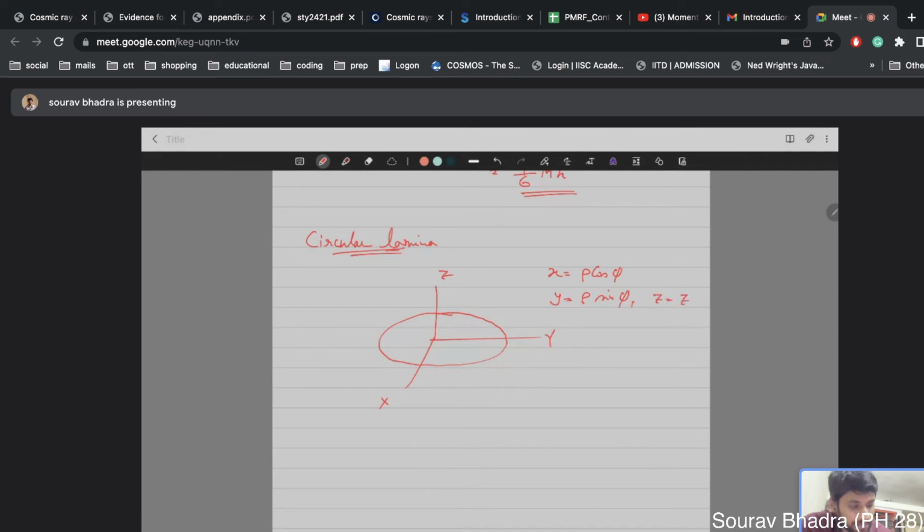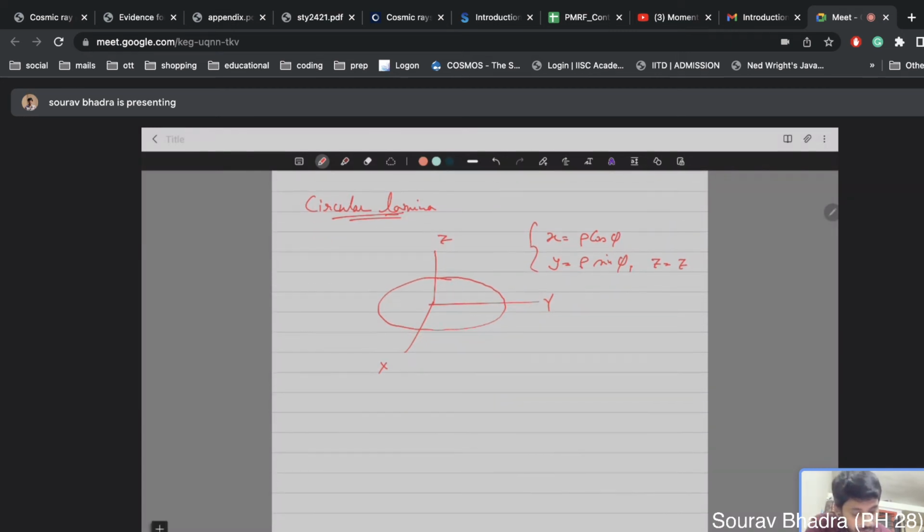So we are taking cylindrical coordinates. You know the conversion: x equals rho cos phi, y equals rho sin phi, and z equals z, and we will calculate Izz. So Izz will be the integral of x square plus y square times the mass dm, because all your z are 0, same as the previous examples.